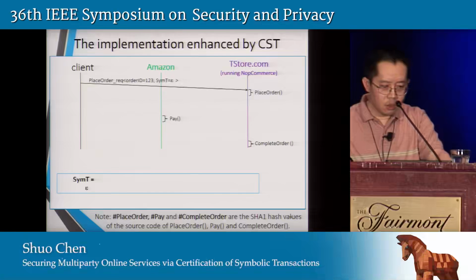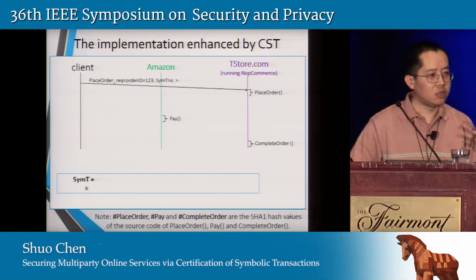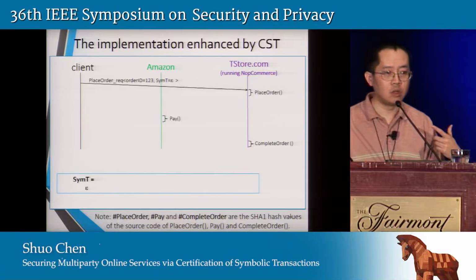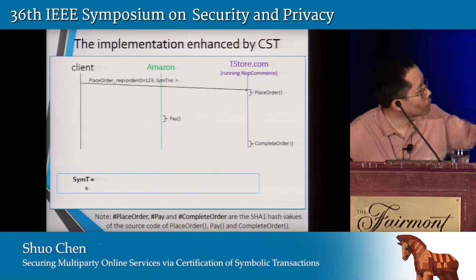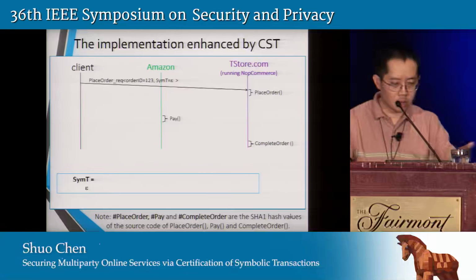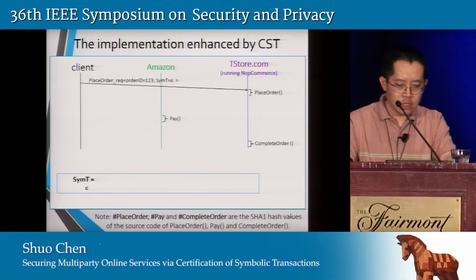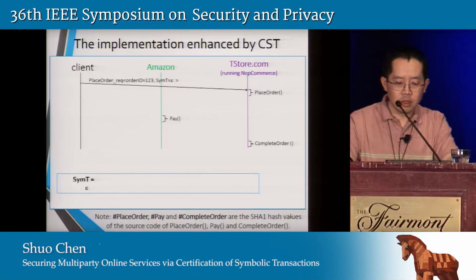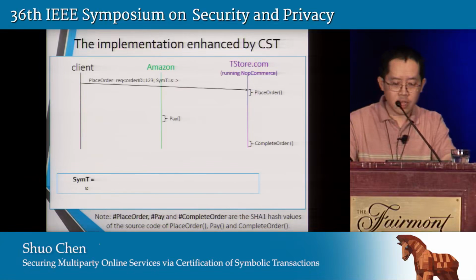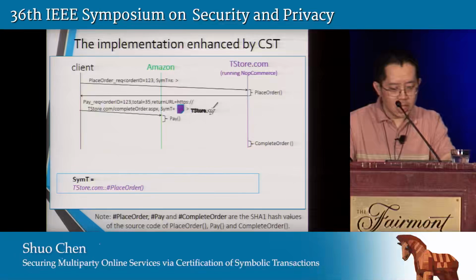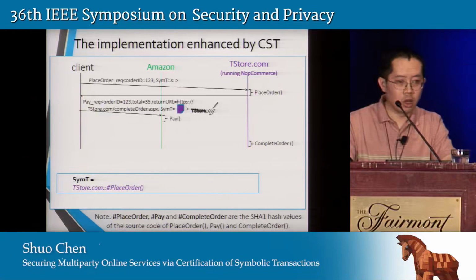The only addition that CST introduced is a message field called SymT, or symbolic transaction. Initially, SymT is empty. But after the execution of the first method, SymT becomes tstore.com : hash place order.